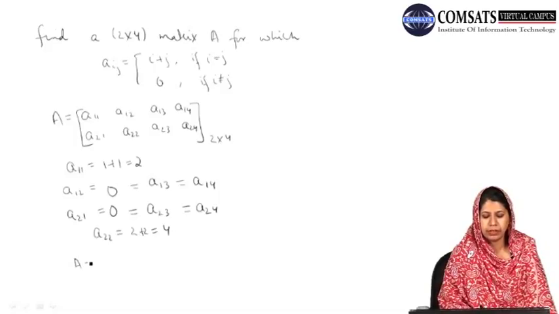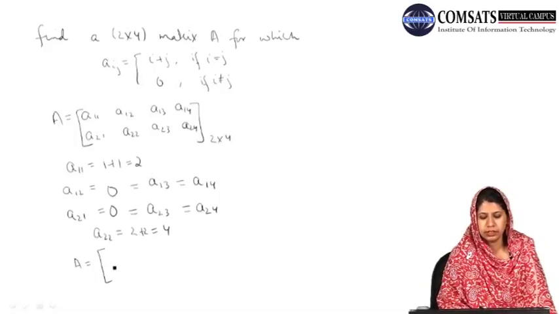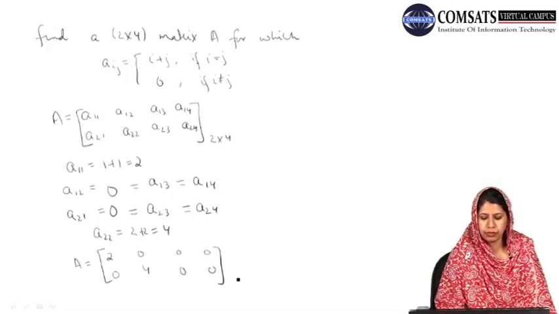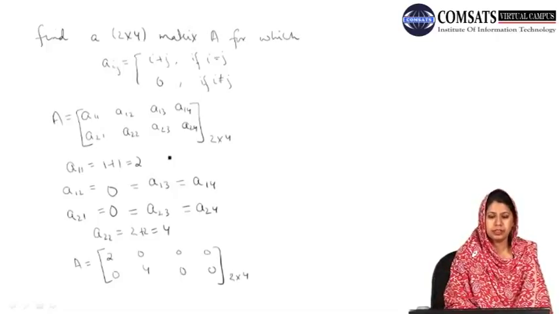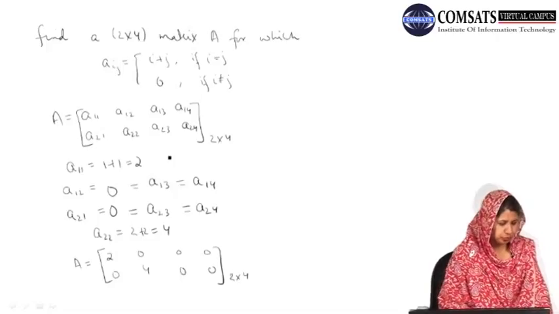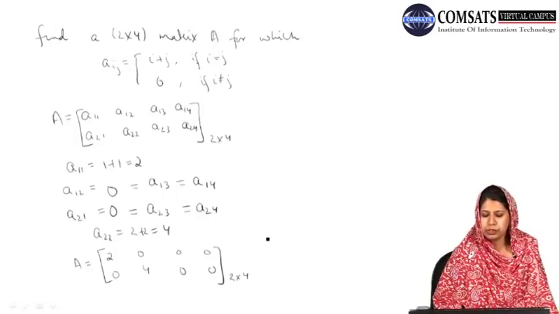So our required matrix A is 2 0 0 0, 0 4 0 0, the matrix of required order 2 by 4, where the entries satisfy this formula. Now what will be the transpose of this matrix?